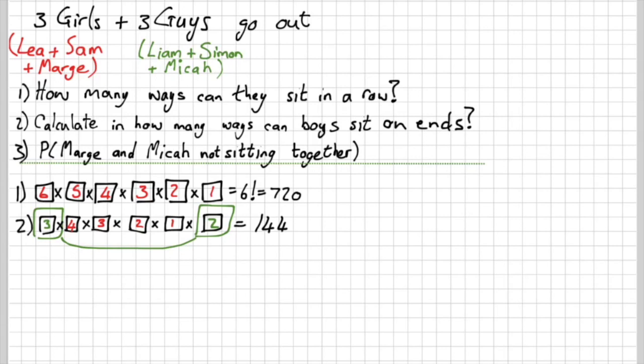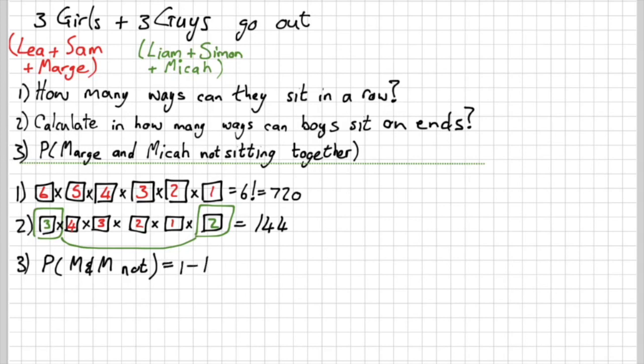Now question 3 is one of my personal favorites, because it's going to rattle a lot of students when they ask you the probability that Marge and Micah do not sit together. If you're going to try and draw that one, I just tell you good luck. So what we are going to do is get the probability that Micah and Marge are not sitting together using the complement rule.